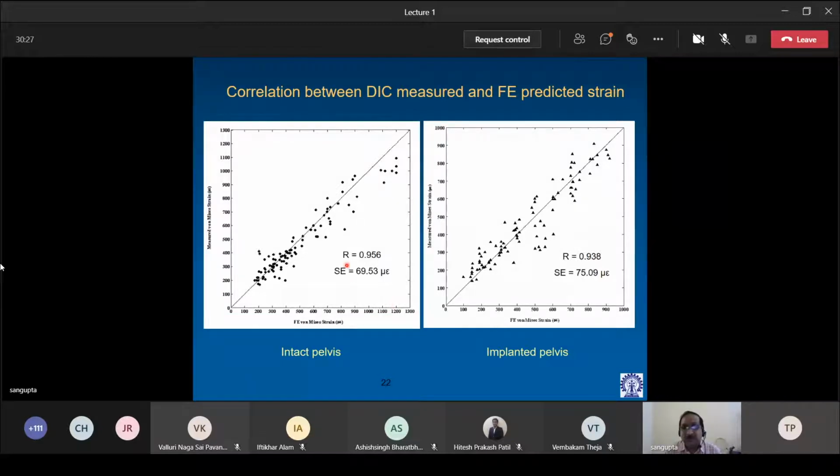Okay. This is for the intact case. On the right, we have the implanted case. Slightly lower correlation coefficient and slightly higher standard error, but still it gives you very good correlation between FE predictions and actual measurements.